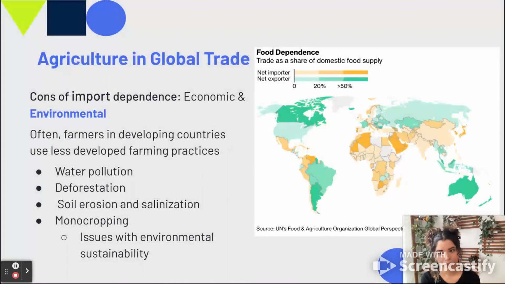For environmental, we see, again, more so in developing countries where they don't have the same kind of farming practices with as much technology, water pollution, deforestation, soil erosion, and salinization, or when the soil becomes salty, like sodium increases. And then also we see monocropping, which means that it's not always environmentally sustainable. Monocropping tends to lead to soil erosion.